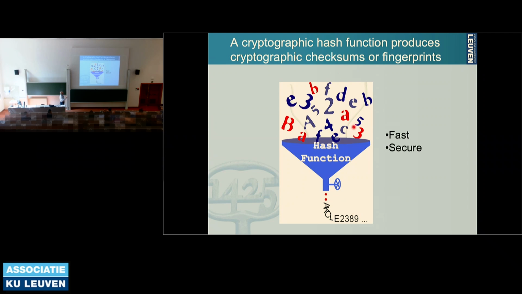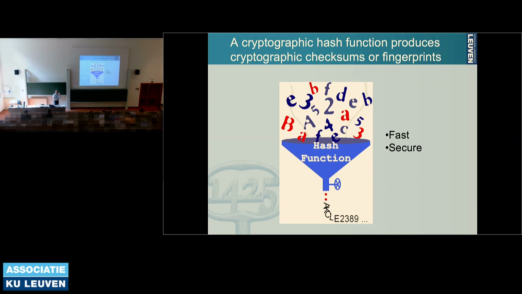If you have as input something that has a length that is larger than what can come out, then there must be several inputs going to the same output. That's the pigeonhole principle. If the number of outputs is smaller than the number of inputs, at least two inputs need to go to the same output. But you want that this mathematical fact cannot be exploited, that no one knows a way how to, in practice, compute two inputs that go to the same output.